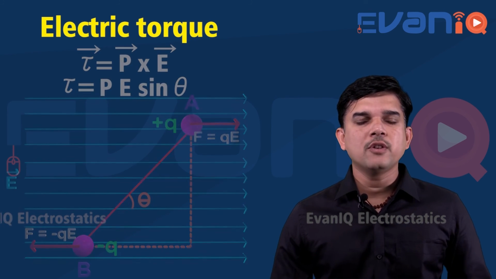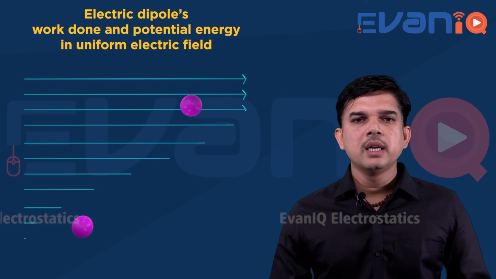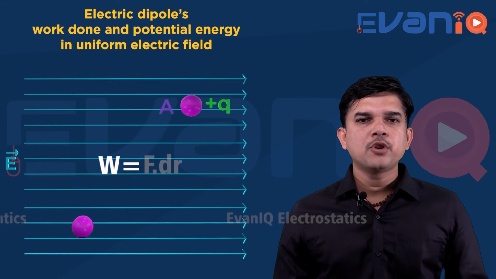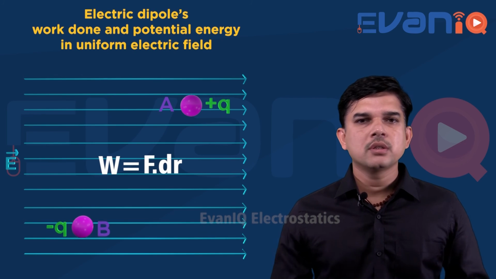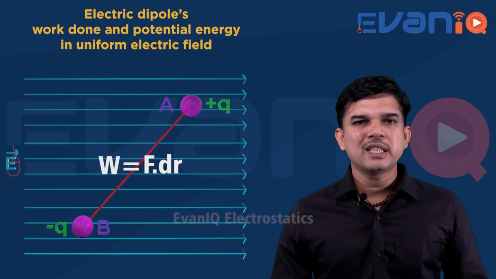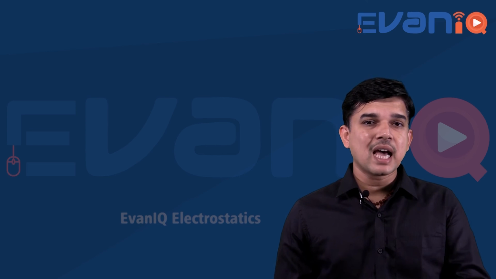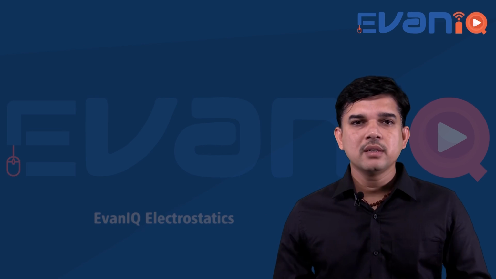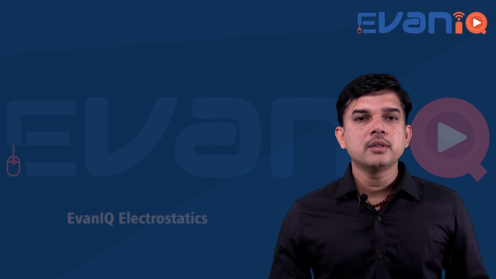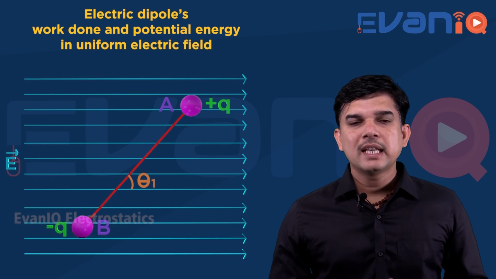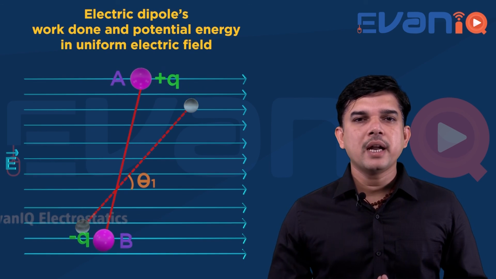We can also find the work done on an electric dipole in the electric field, and that will be W equal to F dot dr, where F is the force and dr is the displacement. In case of rotational motion, as we have already discussed in class 11, chapter number 7, linear displacement can be replaced by angular displacement and force can be replaced by torque.